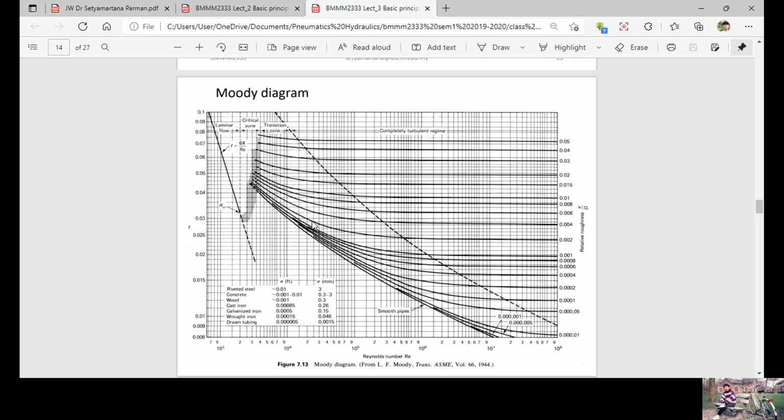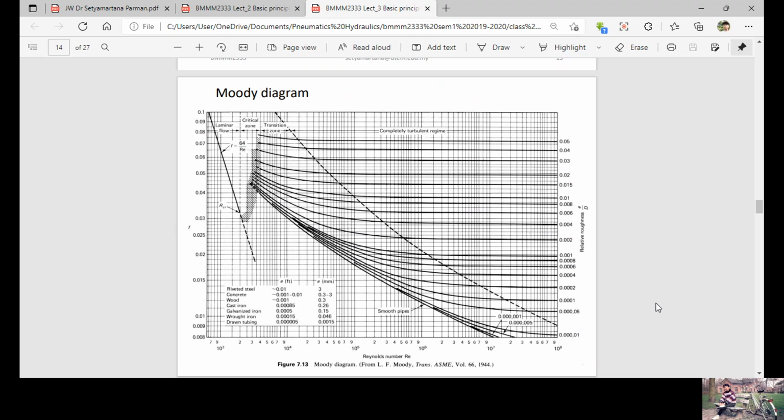Following this line, if the fluid inside the pipe has a Reynolds number of, for example, 10 to the power 5, it has the line here.